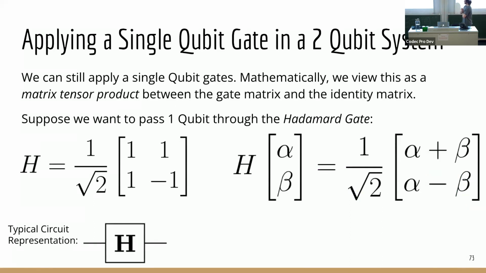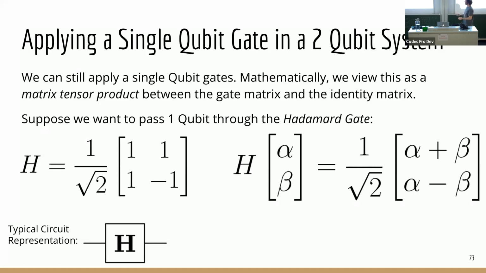A question might come up for you. What happens if we just want to apply a single qubit gate in a 2-qubit system? It's not clear how we would do this in a mathematically sound way, because we could not multiply a 4-dimensional state vector by a 2x2 unitary matrix.